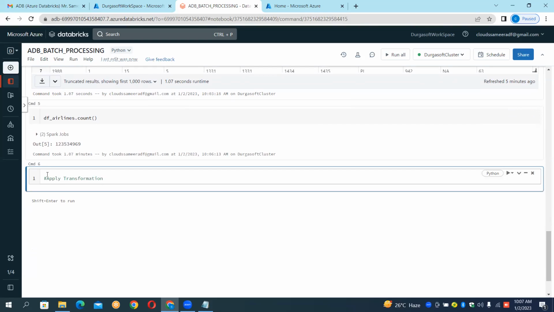I think it's already 10 now, so we'll end the class here. We'll continue tomorrow with the transformations. We have already done the extraction and loading. Now I'll start with the transformations, then we'll move further with Delta Lake. All of you just get connected by 9 o'clock tomorrow.